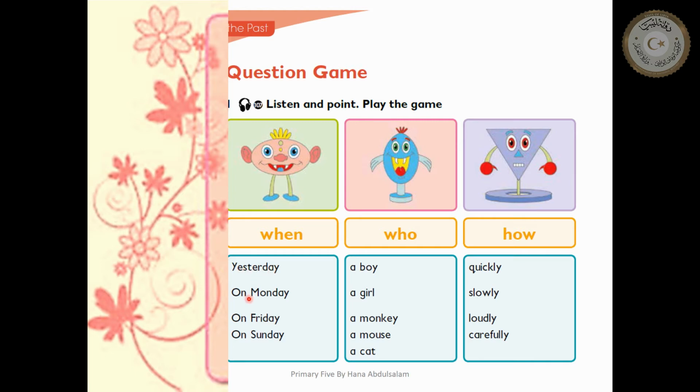On Monday. On Friday. On Sunday. And we have here a boy, a girl, a monkey, a mouse, a cat, quickly, slowly, loudly, and carefully.